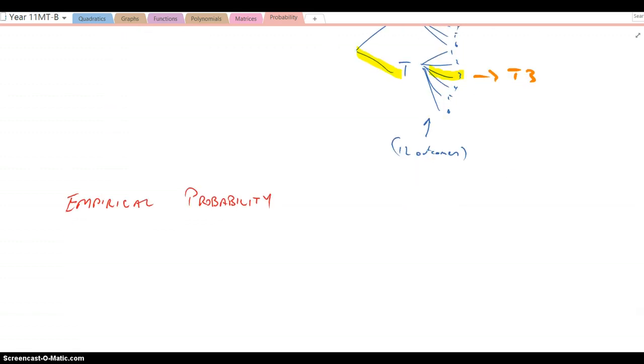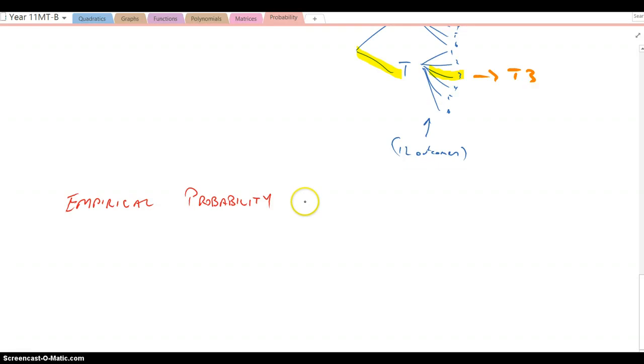Empirical probability is dealing with experiments, dealing with the probability where the sample space is not defined. We have to almost create our own sample space by taking a survey or doing an experiment and doing it over and over and over again.